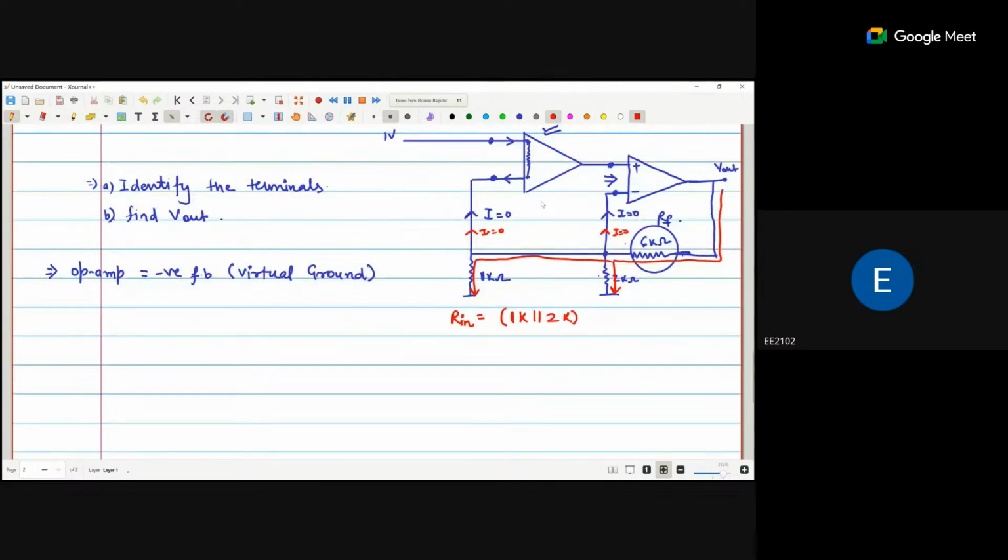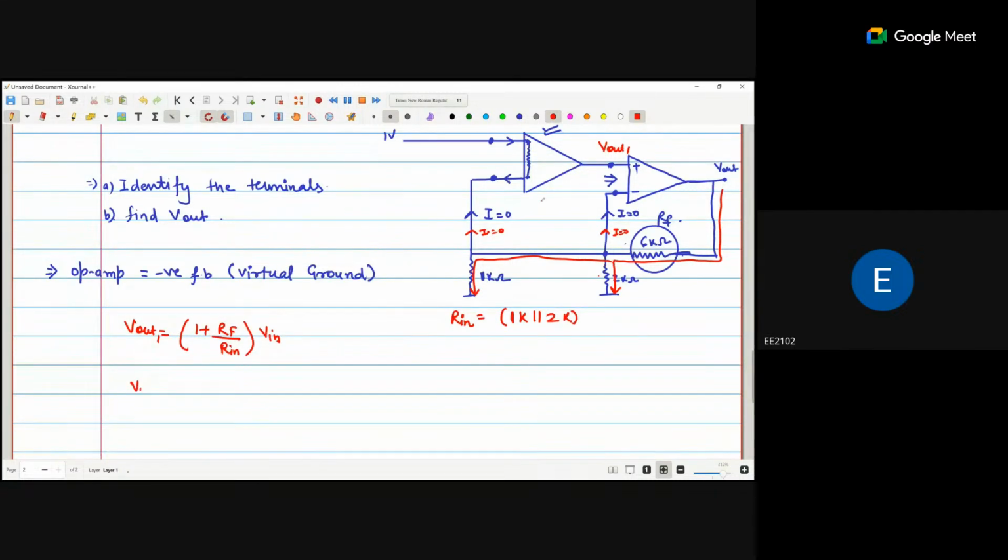Okay, so your formula V out is equal to 1 plus RF divided by RIN times V in. You are getting the V out 1.